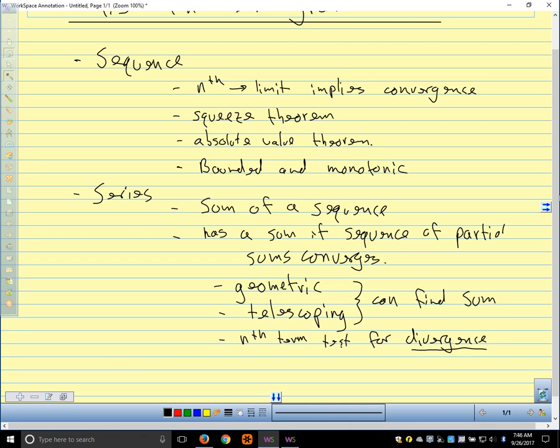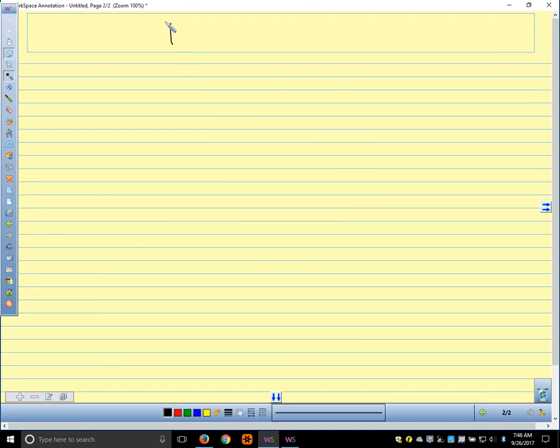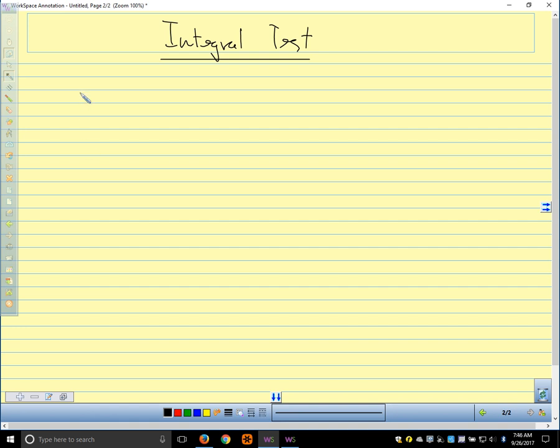All right, so let's talk about the integral test, our first big test for convergence. There are a couple of conditions. So I'm going to say if f is positive and continuous and decreasing.